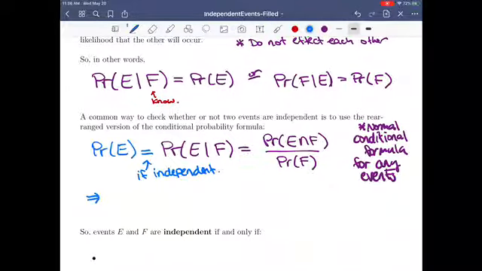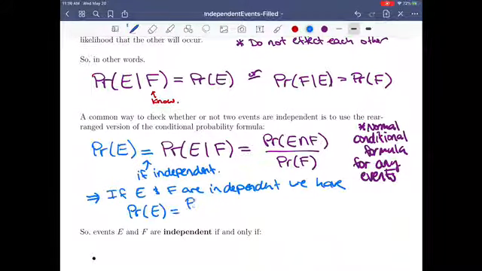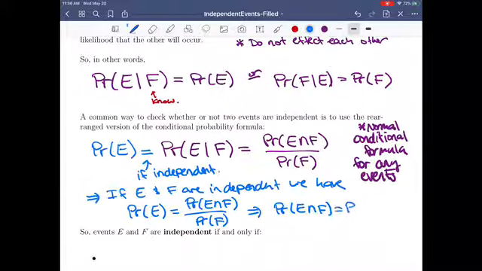So this implies that if E and F are independent, we should have the probability of E equal to the probability of the intersection over the probability of F. If we rewrite this, it says the probability of E intersect F is equal to the probability of E times the probability of F.